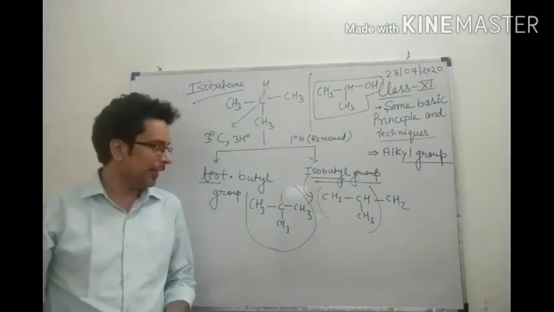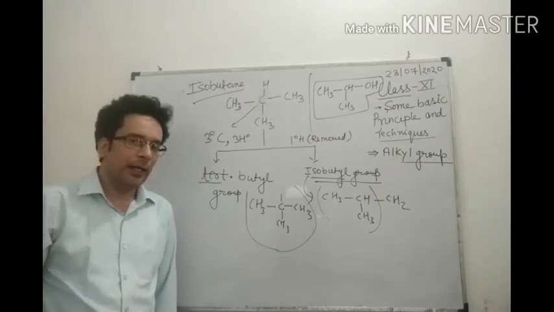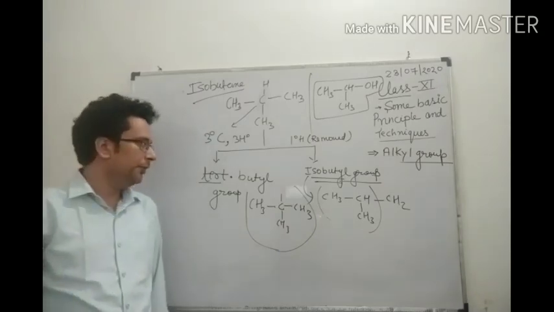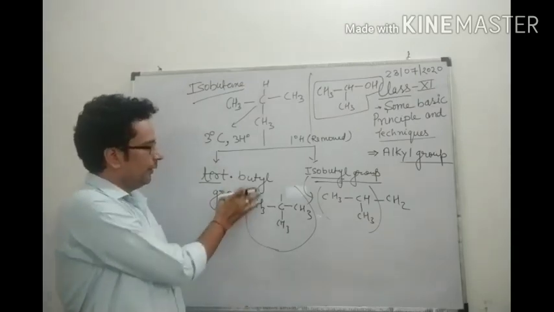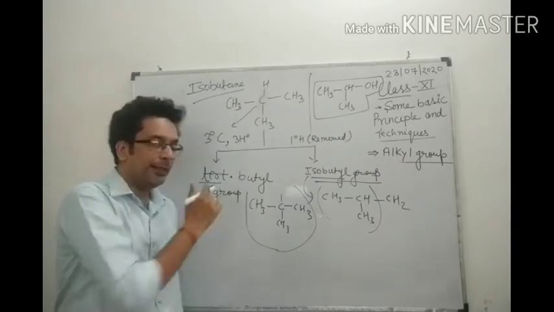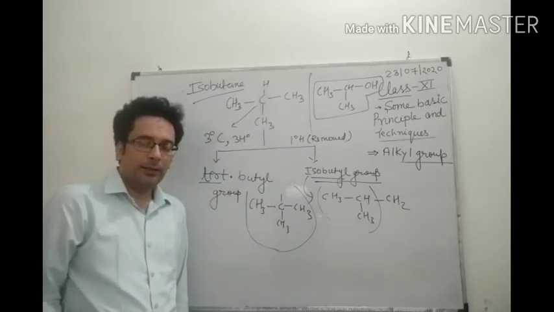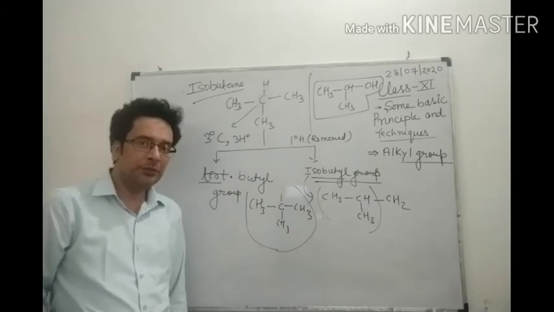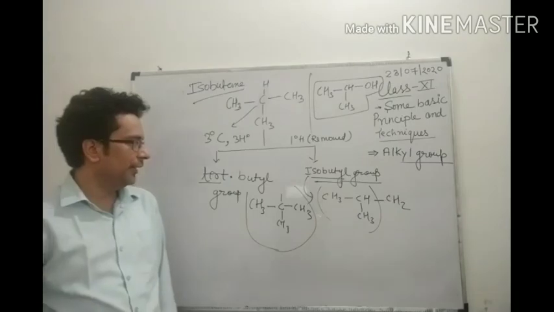So these are about the alkyl group. Now all of you do the practice and learn how to draw the structure of tertiary butyl group, isobutyl group, secondary butyl group. Do the practice because questions come in your examination.